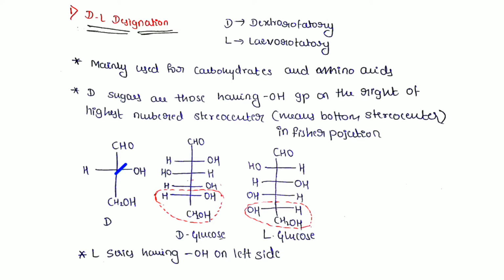We will call it D, and in this glucose the OH is on the right hand side of the last stereocenter, so it is called D glucose. In this glucose the OH is on the left hand side, so it is called L glucose.